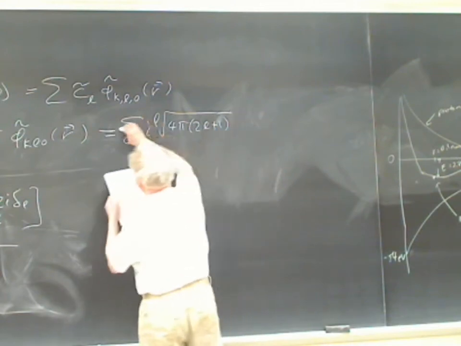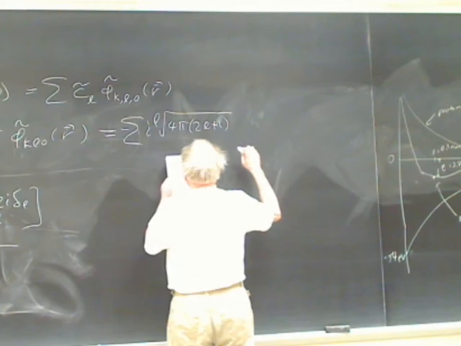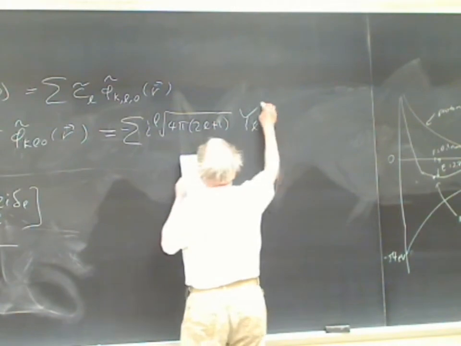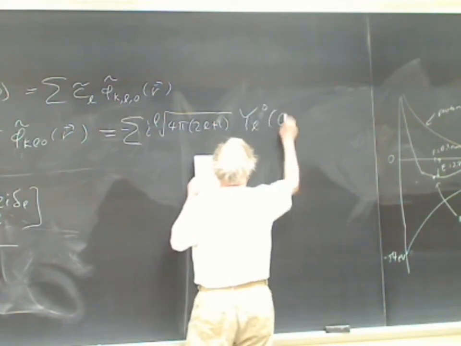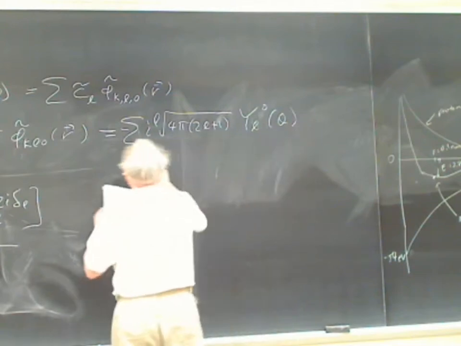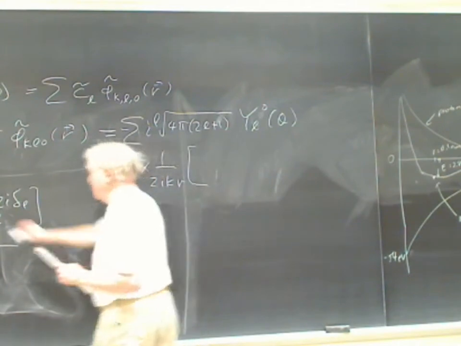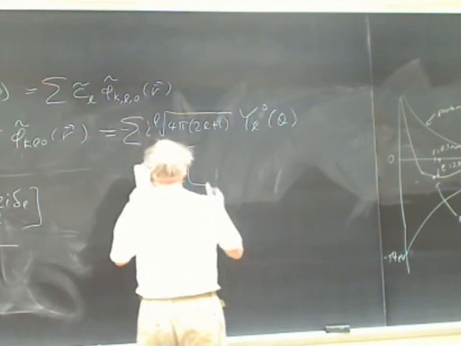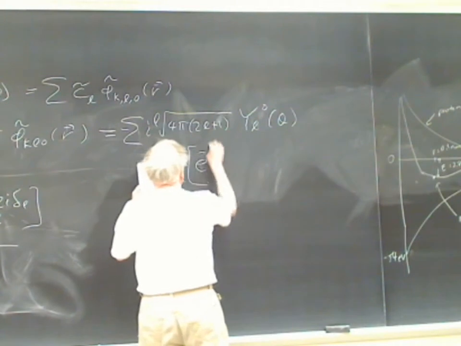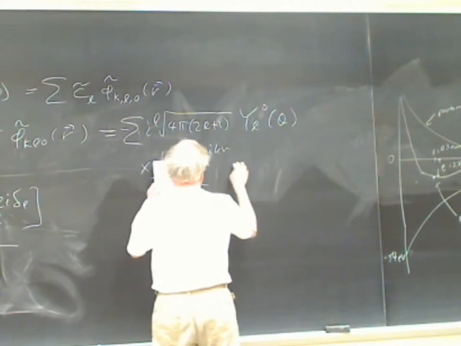Well, I'm going to put a minus sign in front of it. YL0 of theta, and now that whole thing is being multiplied by 1 over 2IKR, and this structure here, which is e to the minus I k r.